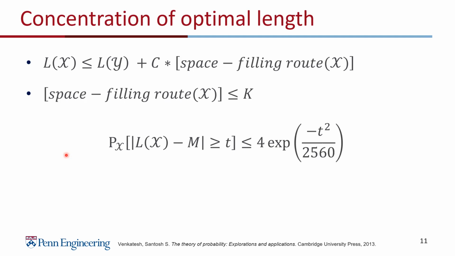yes. It would have some connection with the fact that the optimal length for any set of locations was approximately constant. Earlier we saw that that has some connection to the space filling route. So in the analysis part, the median is coming from the fact that if you just look at a set of locations y, the optimal route for y is less than or equal to some number m, that m is basically your median there.